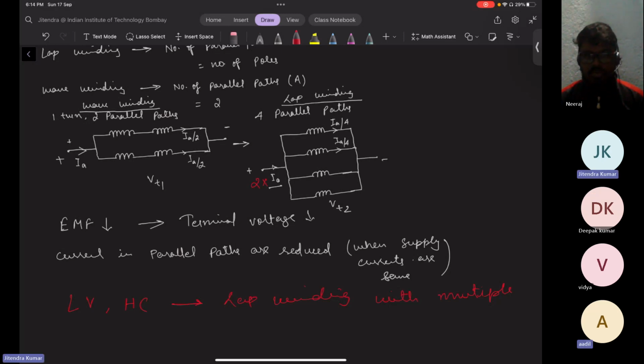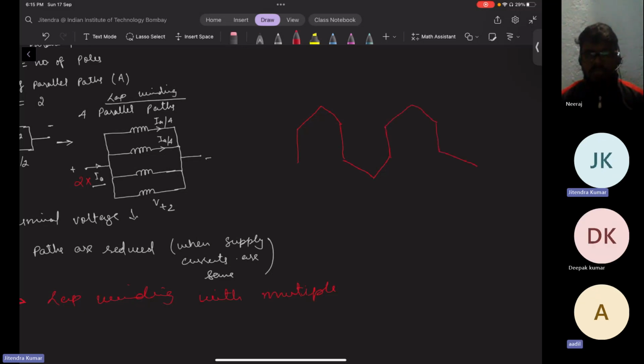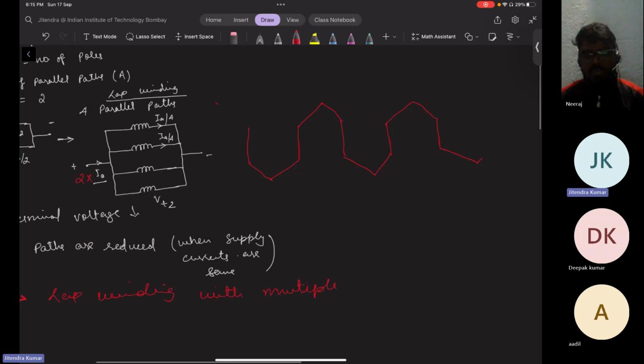Do you know the fact that in wave winding the number of parallel paths cannot increase beyond two? Because the configuration of windings is kind of wave.